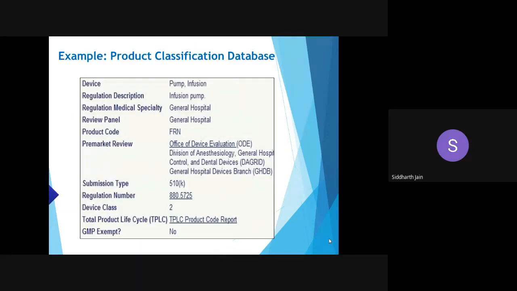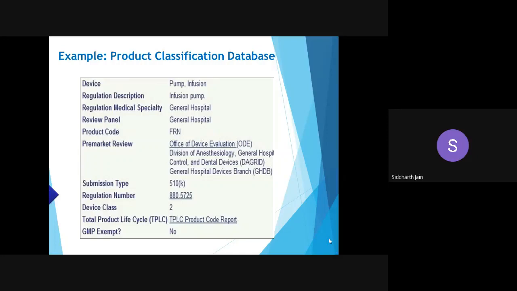I am showing you one example of the product classification database. I have taken the example of an infusion pump. If you see here, the product code is FRN. So the product code of the infusion pump is FRN, and for all manufacturers worldwide who want to register their product with the USA FDA, the product code for all infusion pumps will remain the same: FRN.